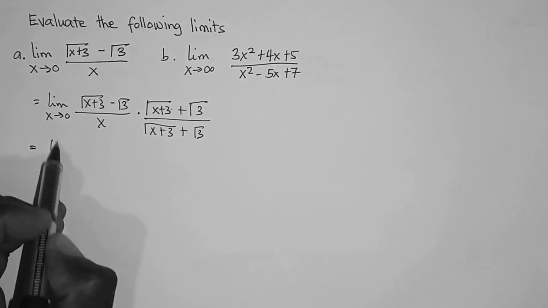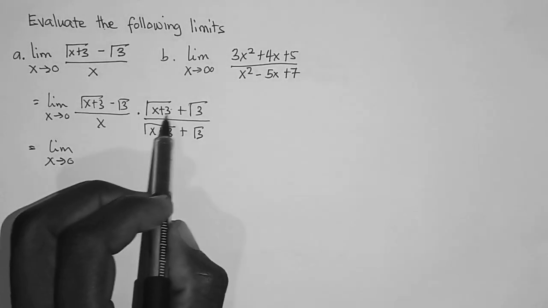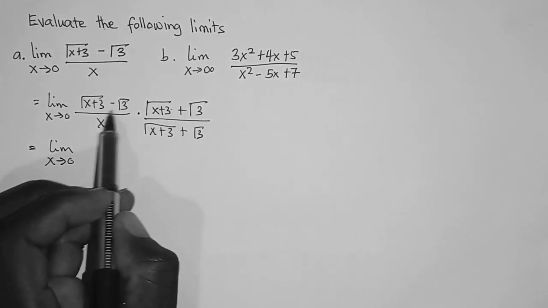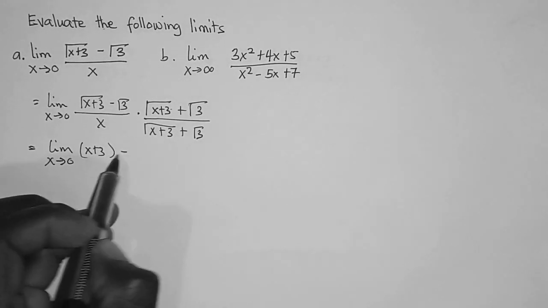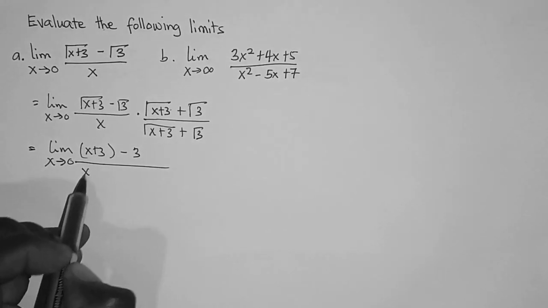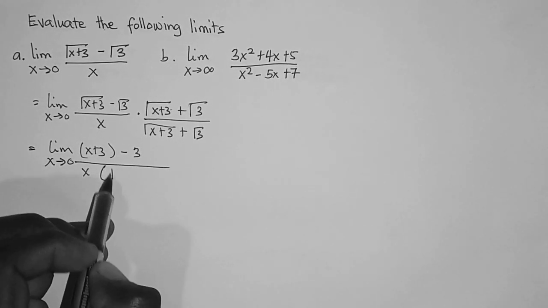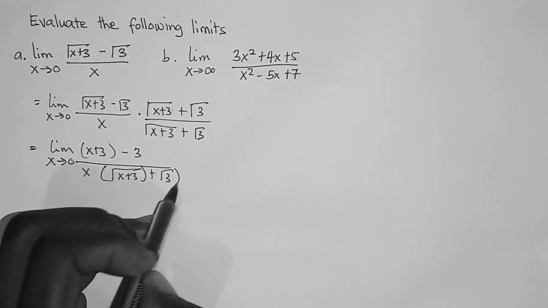And this is equal to the limit as x approaches 0. So you see that here is a difference of two squares, so it becomes x plus 3 then minus 3 divided by x times, in brackets, root x plus 3 plus root 3.